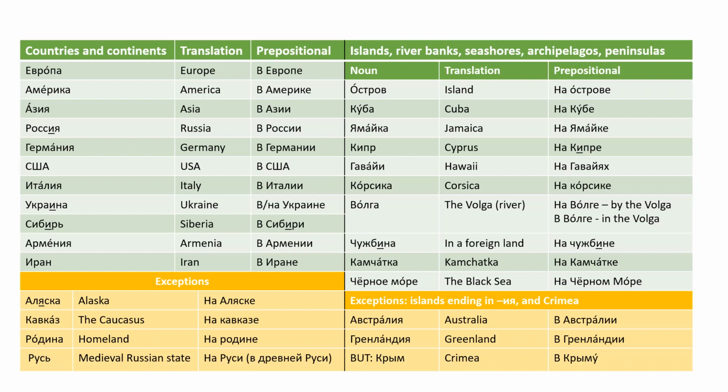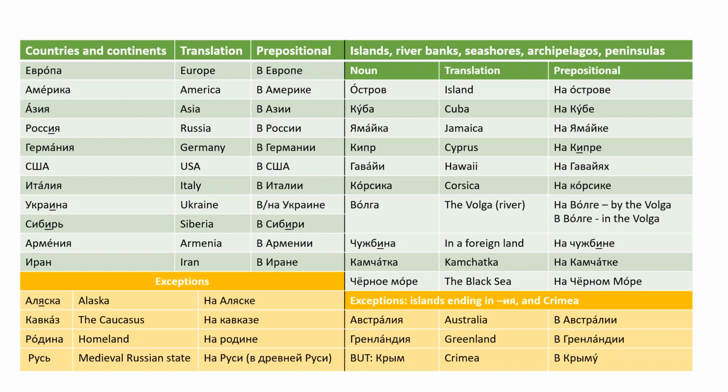Then on to the right, we have a list of some islands. So it would be na Ostrove, na Kube, na Yamayke, na Kipre, na Gavayakh, na Korsike. And then we have the Volga, which is a river that runs through Russia. So if you wanted to say by the Volga, then you would say na Volge.